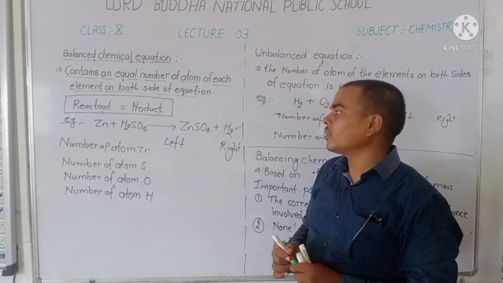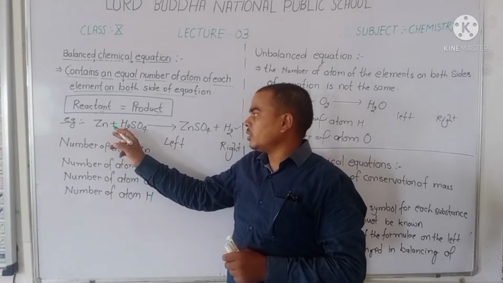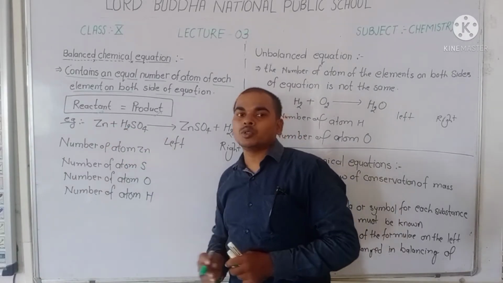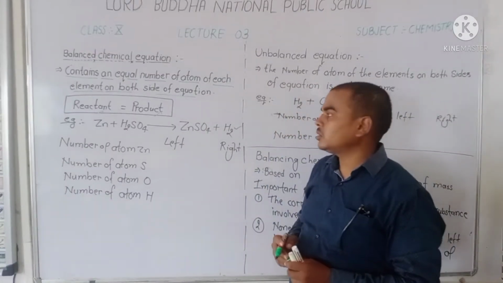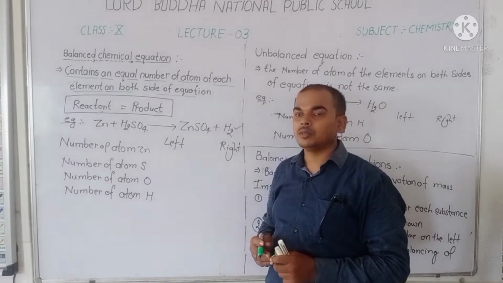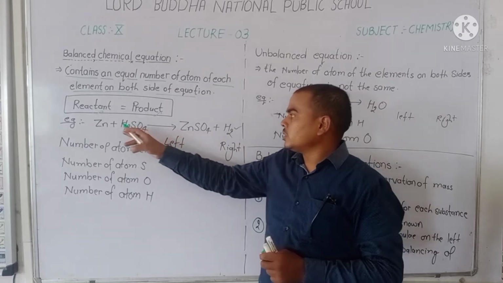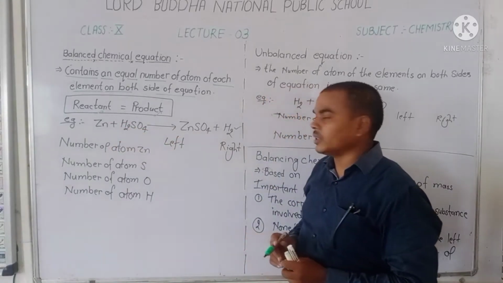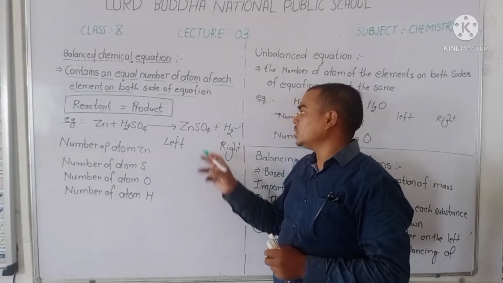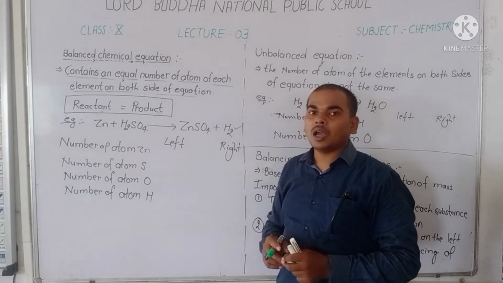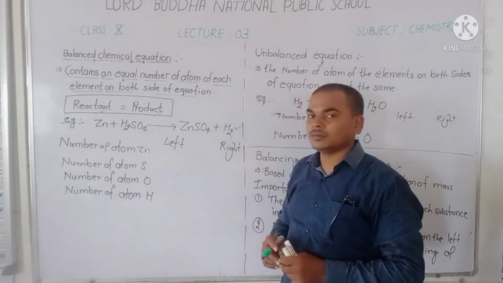For example, in the equation Zn plus H2SO4, zinc plus sulfuric acid, zinc and sulfuric acid react with each other and form zinc sulfate and hydrogen gas.